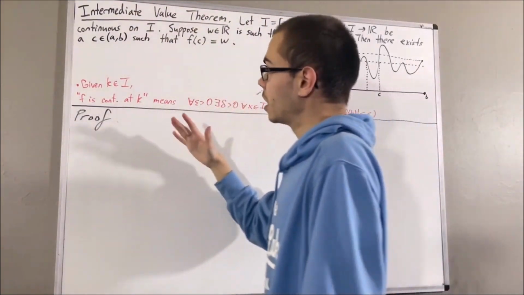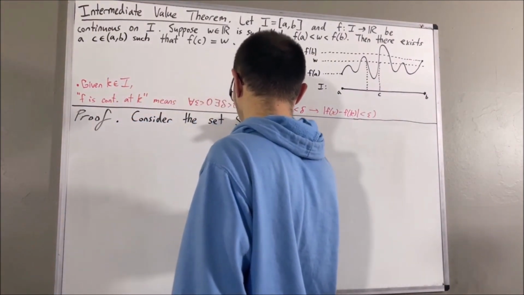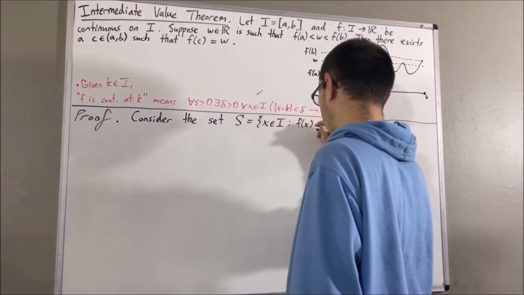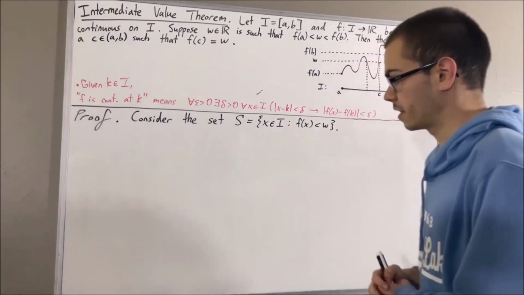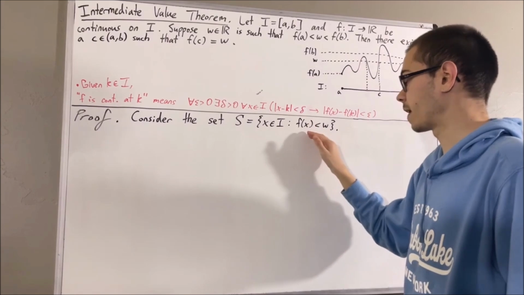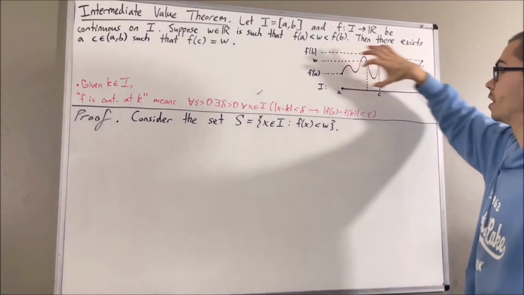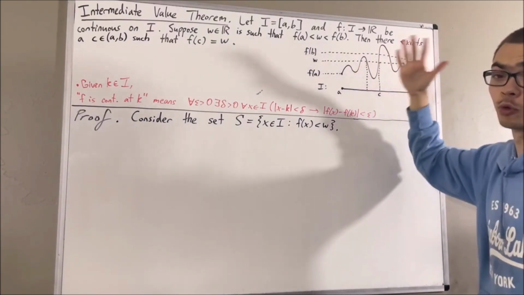To start out the proof, let's consider the following set. We consider the set S, which is the set of all elements x in I such that f(x) is less than w. Now, according to our diagram, the set S will be as follows.